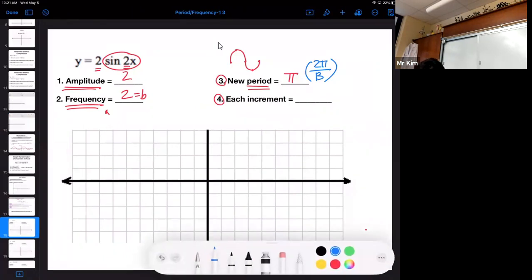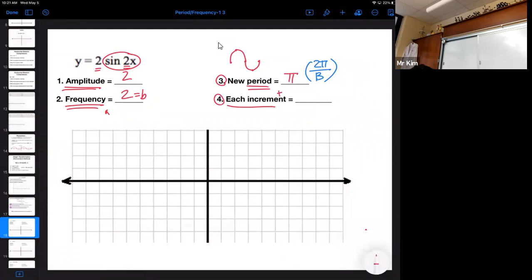And then the last one here, it says each increment. Okay, so this is for your benefit. This is for you to understand how to graph this easily. If I tell you the new period is pi, it means that I want you to make the last number on the x-axis pi, because we always made it from negative 2 pi to 2 pi since our full cycle was 2 pi.